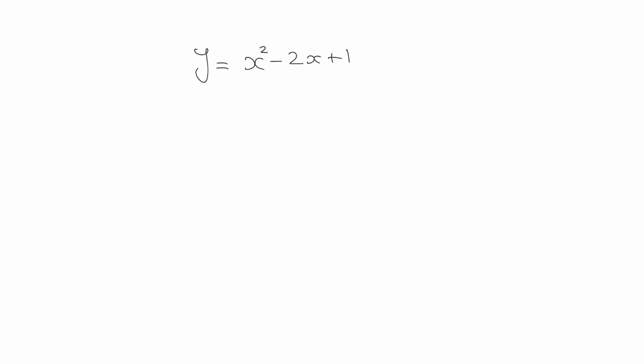And the minimum possible value of y is 0. You can try with any values of x, but you will not get a value less than 0. So the minimum possible value of y here is 0, but right now you don't know why we are getting this minimum value of 0 and how we'll find it.